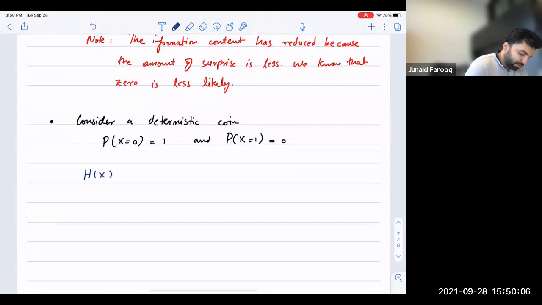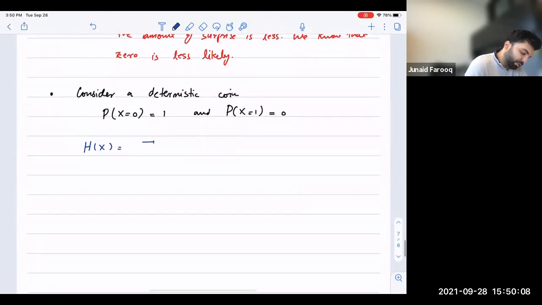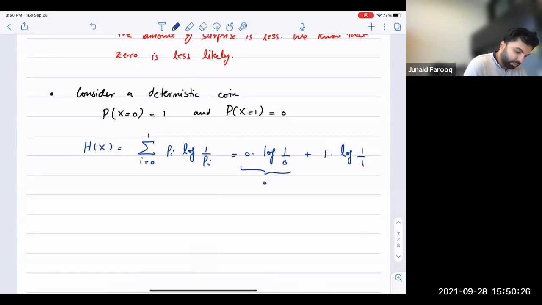So H of X will be the sum over i from 0 to 1 of pi log 1 over pi: 0 times log 1 over 0 plus 1 times log 1 over 1. We said this term is 0 and this term is 0. So your information content here is 0 bits.